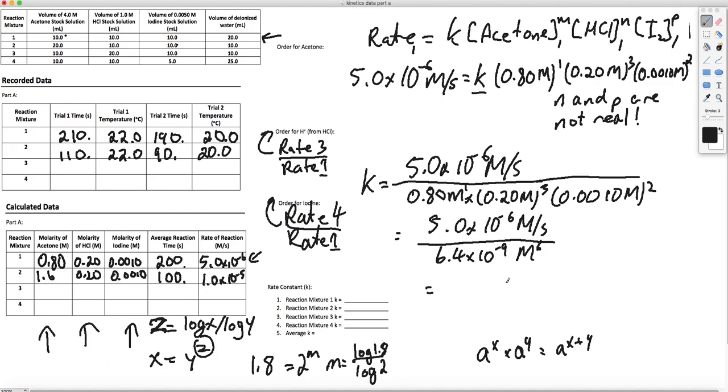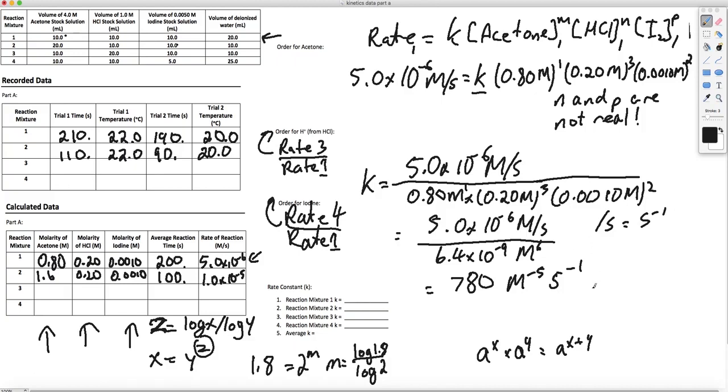Now once I solve for that, I end up getting 780, and the unit there would be molar to the negative 5 seconds to the negative 1. The seconds to the negative 1 is because per second is the same as s to the negative 1.